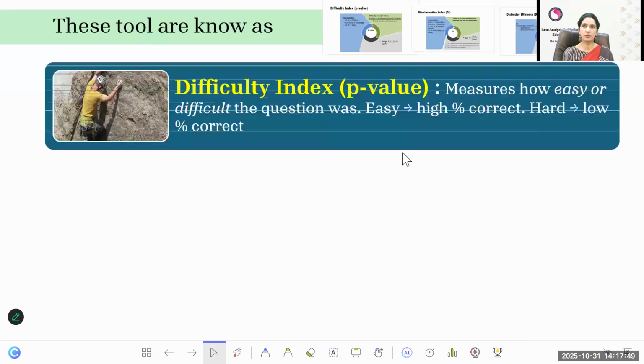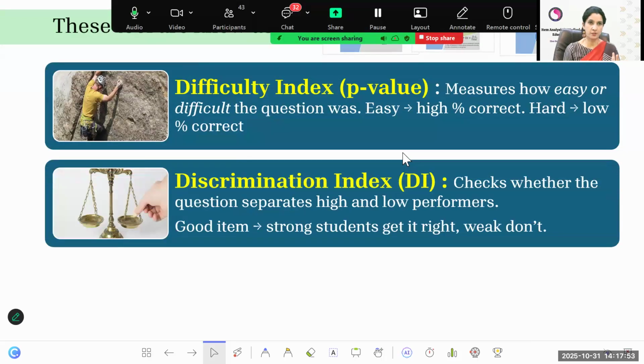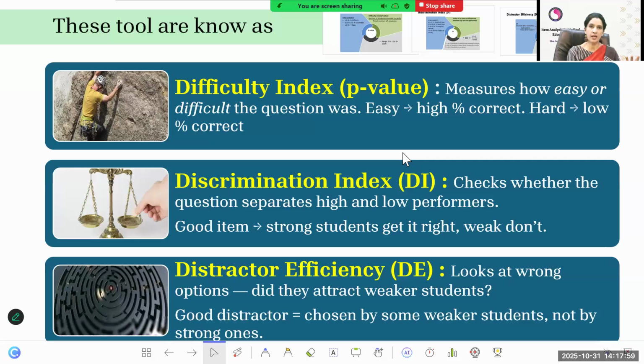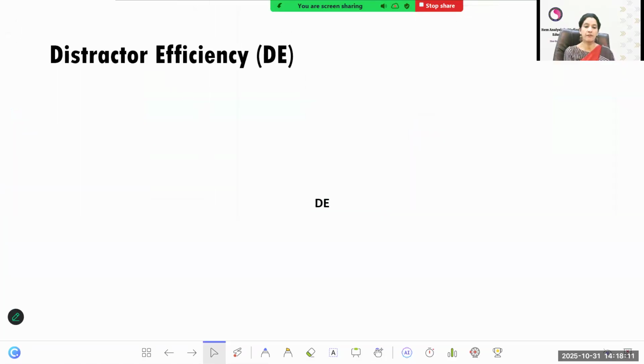So we talked about the difficulty index. We talked about the discrimination index. Next comes your distractor efficiency. So what is this distractor efficiency? I was saying a distractor should attract the weak student, not the strong, that means the good students. So distractor efficiency analysis is conducted.